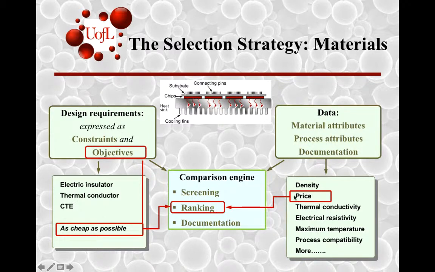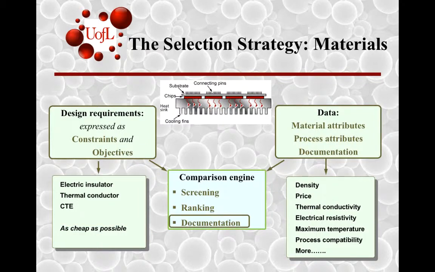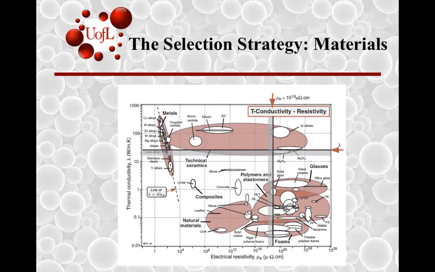For instance, cheapest as possible by looking at price as a separate attribute. Finally, we document different attributes of the material itself and alternatives that were considered that are close or were discarded because they were not good enough. And so you can justify the final selection.